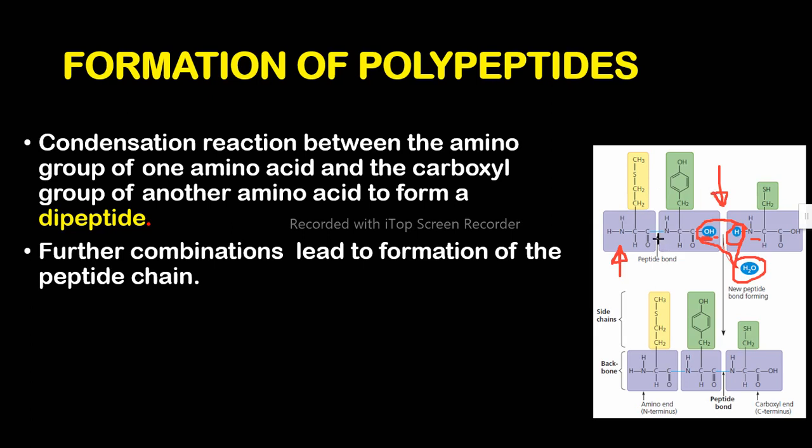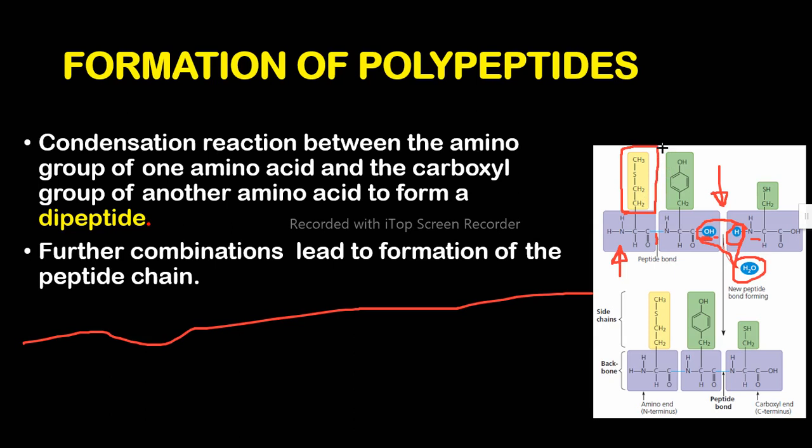So the same thing happened here. So you can further condense, same thing, and you form a polypeptide chain, which is a chain of very many amino acids. So now this is the R group, and the R group in this amino acid is like this.